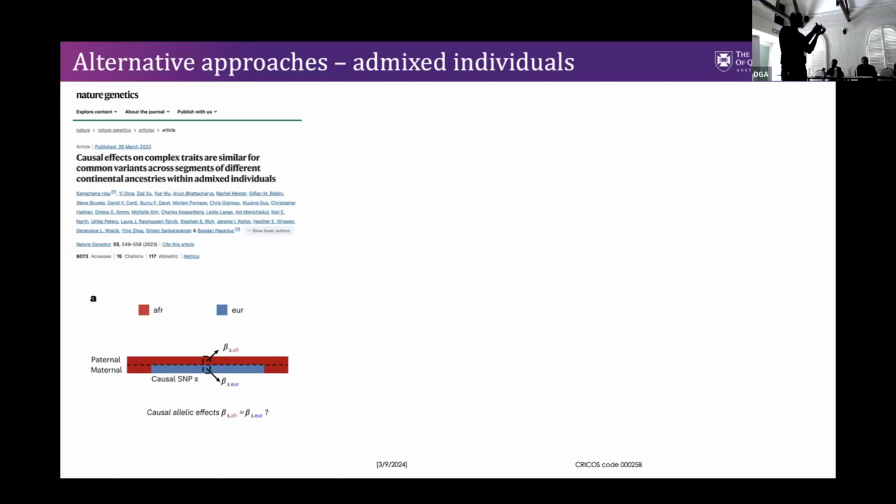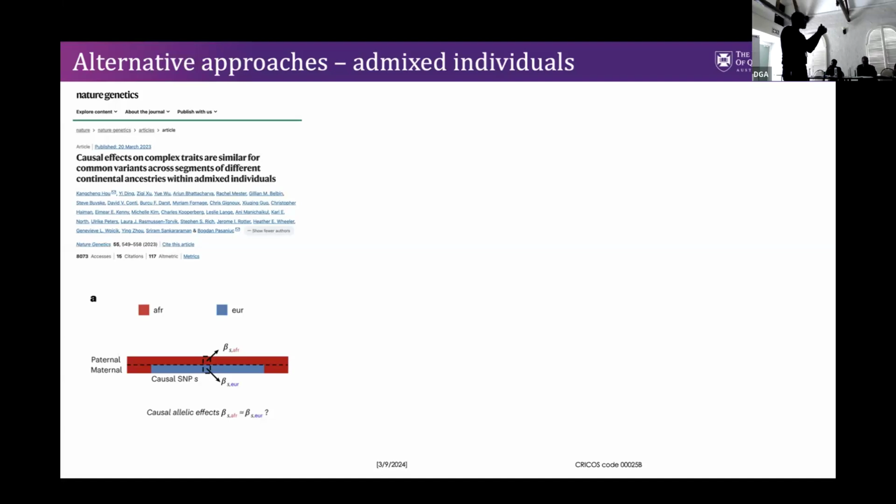The cool thing about this design is that at a particular position in the genome, you can quantify how the allele coming from Europeans is affecting your trait versus how the allele at the same variant coming from your African ancestor is affecting your trait.